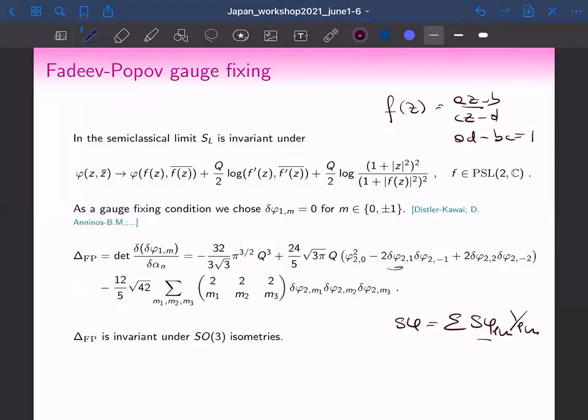So these are just these coefficients over here. And what's very clear also here is that there's a Q and there's a Q to the power of 3. So the Faddeev-Popov determinant has important effects now, if you put it in the path integral.